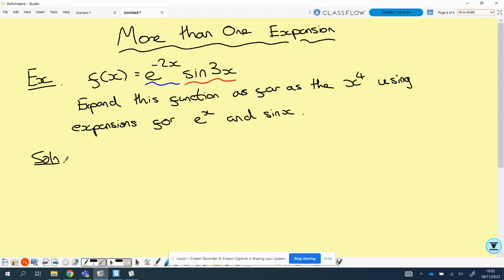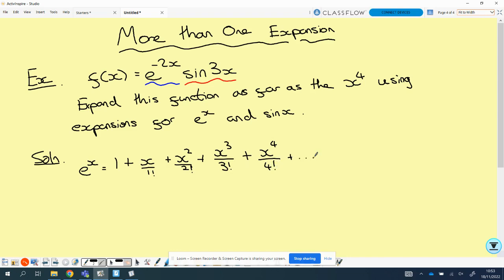So let's start us off again with e to the x. Now we've seen the expansion for e to the x yesterday, in the previous video. So that becomes 1 plus x plus x squared over 2 plus x cubed over 3 factorial, plus x to the power 4 over 4 factorial, dot dot dot.